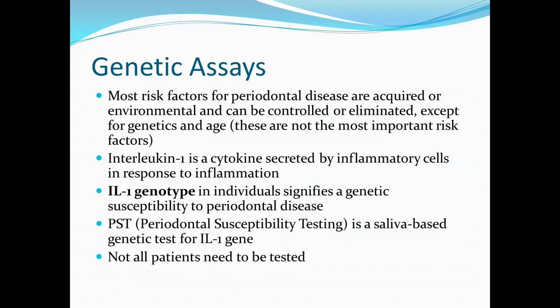We've got our genetic assays. Remember that interleukin-1 genotype, right? You're more susceptible if you have that interleukin-1 genotype. And interleukin-1 is a cytokine secreted by inflammatory cells as a response to inflammation. Does not mean you're going to get periodontal disease, but it means you are predisposed to it.